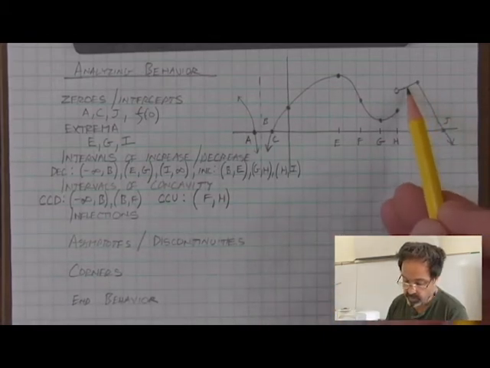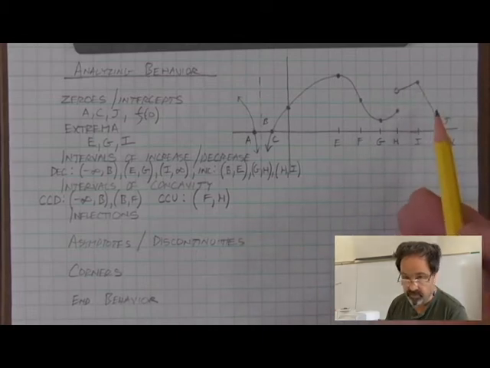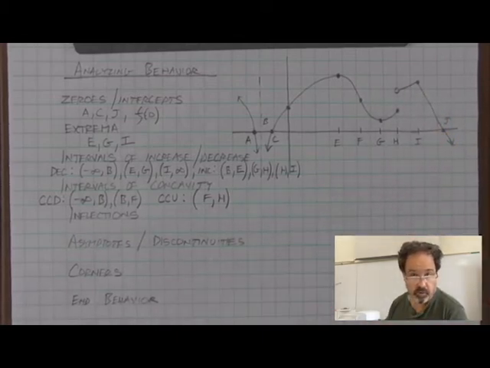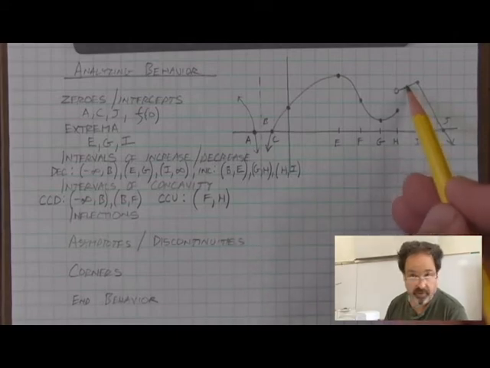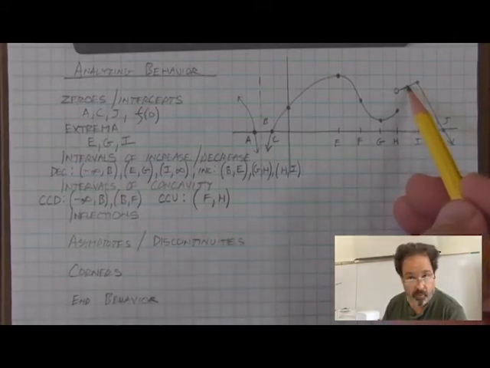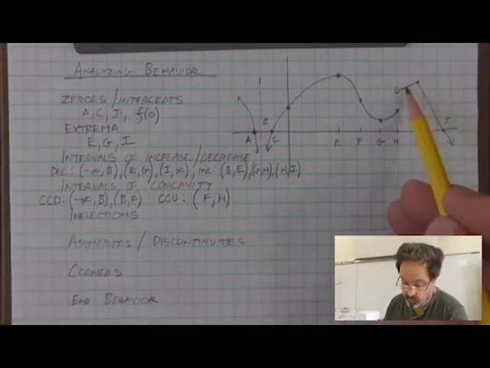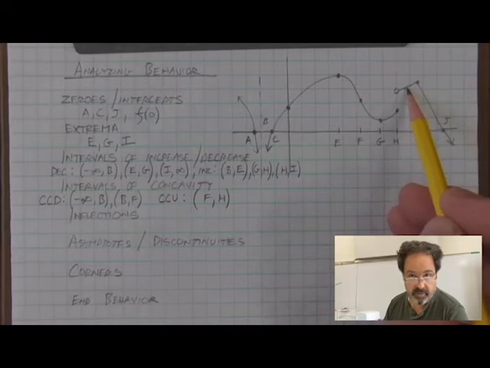So why is there not concavity on these linear pieces? Well, they don't look curved. They're not, they're straight. But what happens if we take the second derivative of a linear piece? The first derivative of a line is constant. Think of the rate of change of this linear piece.